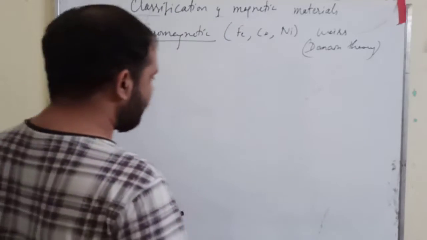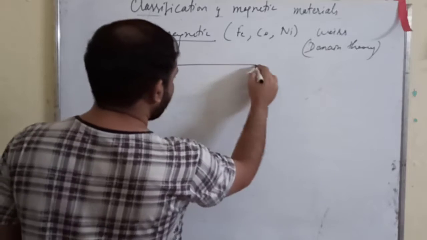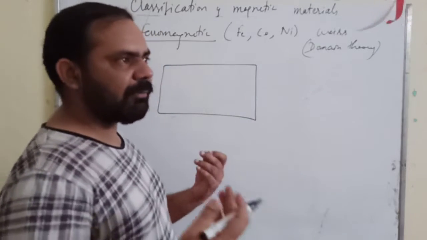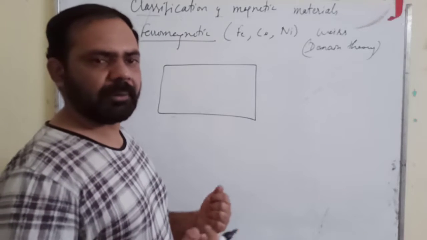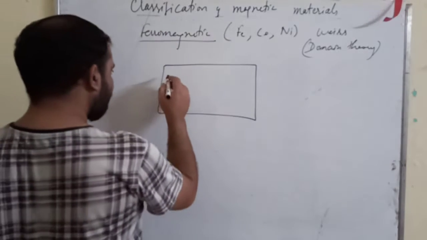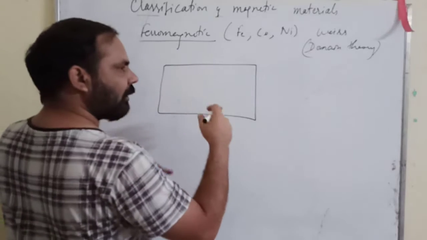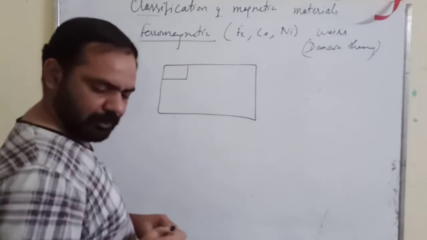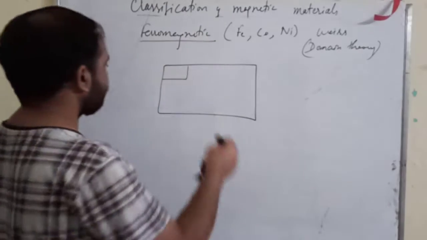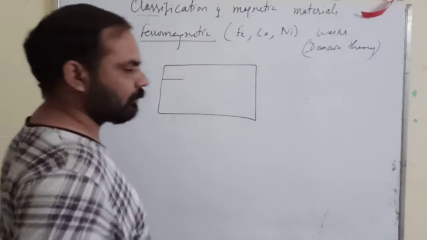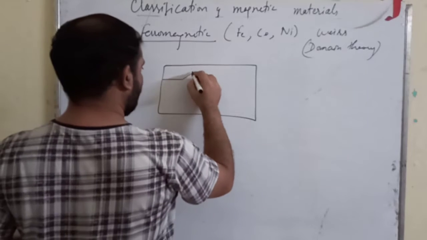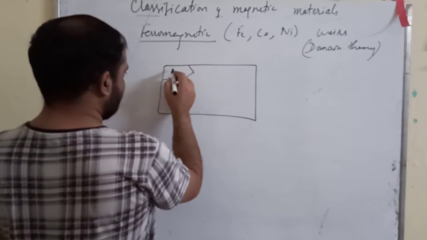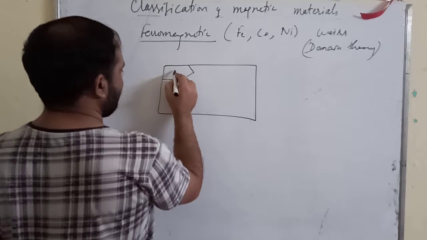Now the reason for their ferromagnetic behavior is that individual atoms have a very strong dipole moment. An atom or a group of atoms have a very strong dipole moment. It means this region has a group of atoms whose dipole moment is along the same direction.